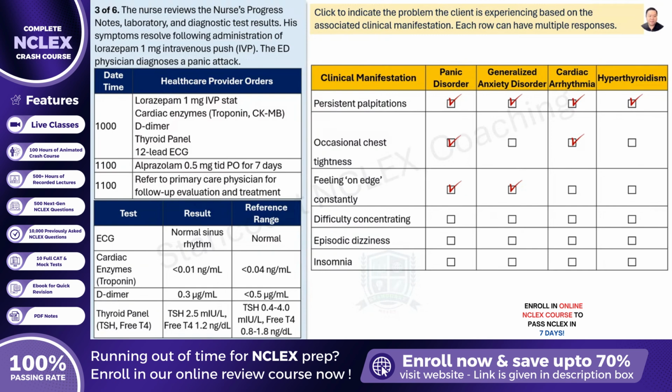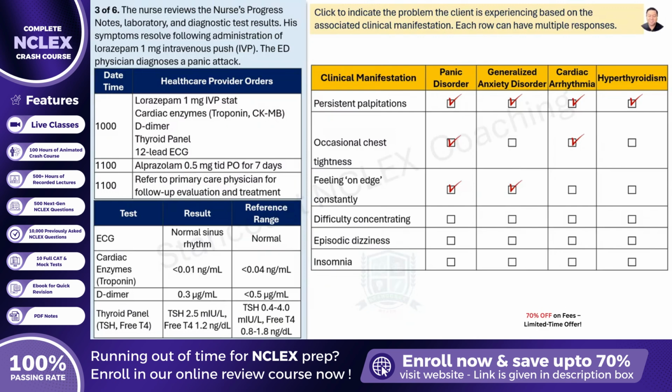However, feeling on edge constantly is not associated with cardiac arrhythmia, because arrhythmias cause physical issues like heart racing and dizziness, but not psychological tension. And picking this one shows confusion between psychological versus physiological symptoms. Feeling on edge constantly is also not associated with hyperthyroidism.